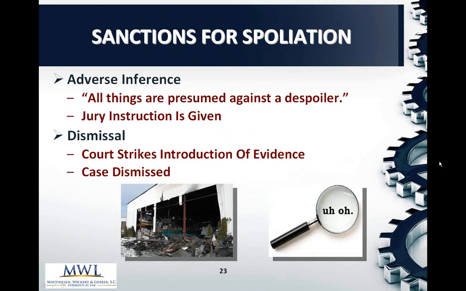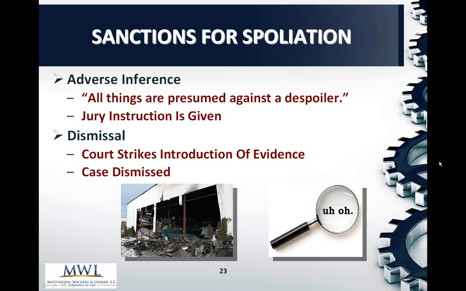The two sanctions would be either adverse inference, that they destroyed this part because it would have damaged their case. It's only a presumption. It's in a jury instruction. It's not a complete dismissal, which some states do. They could strike the introduction of the evidence, if they don't dismiss the case outright.